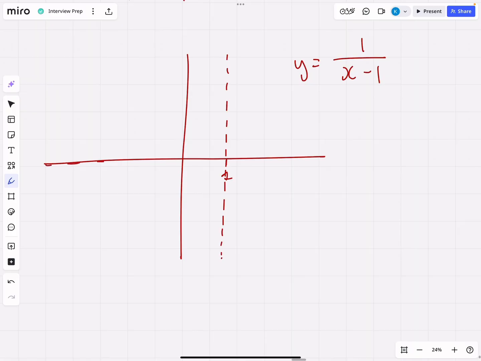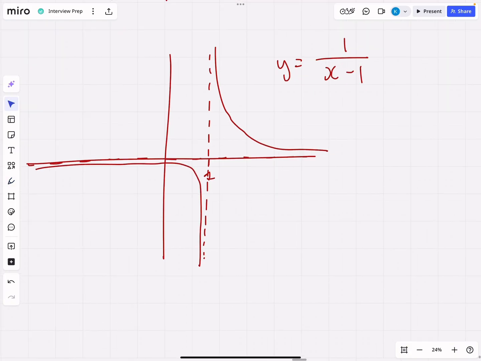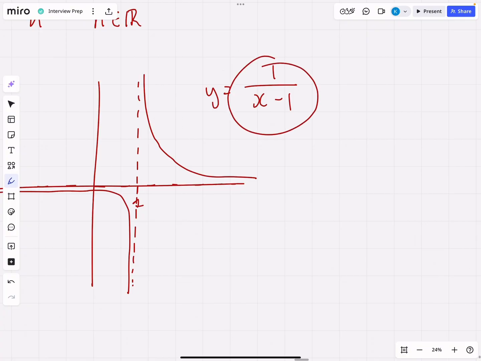And this one's also going to have a horizontal asymptote at y equals 0. So if we just draw that. And you can notice that this is just a transformation of the graph that you should all know and love, y equals 1 over x. And later on, we're going to be looking at the behavior at and near asymptotes of different functions.